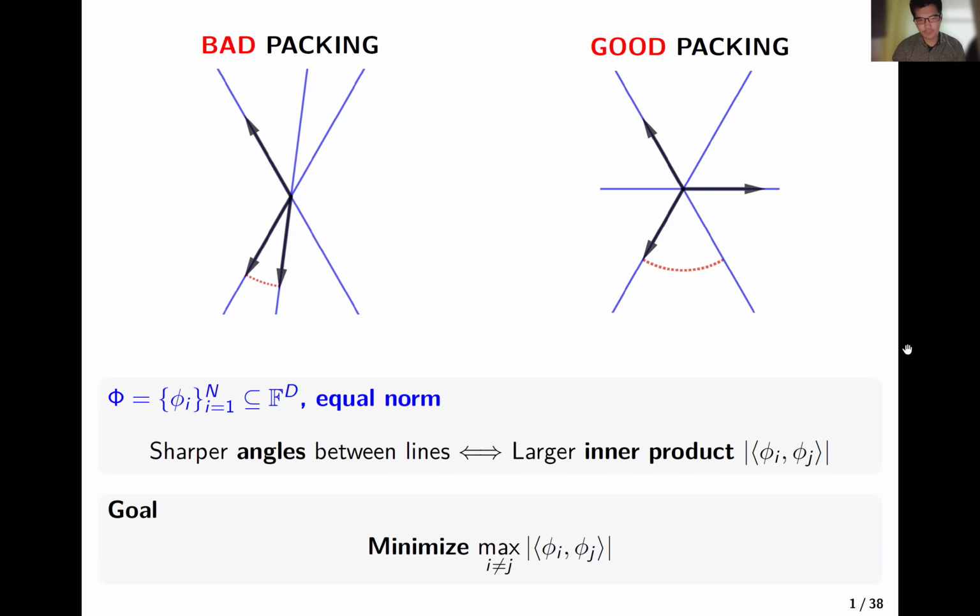Now, the sharper the angles between the lines, the larger the modulus of their inner products. What we want to do is to minimize the maximum of the modulus of these inner products. This quantity here is called the coherence, and we want to minimize that.